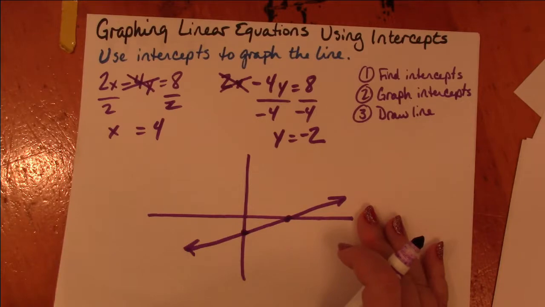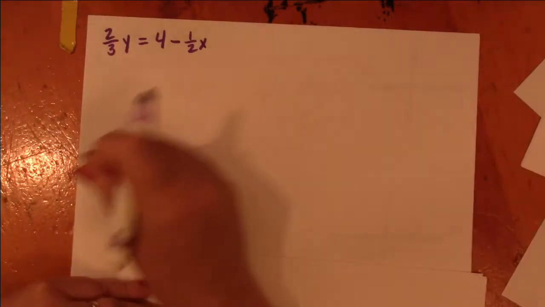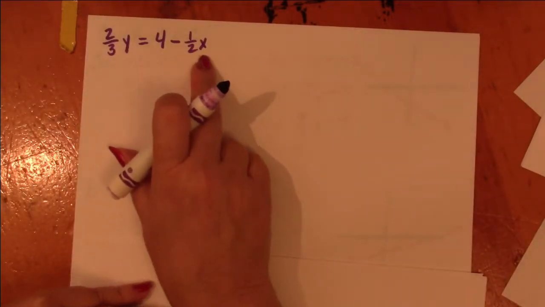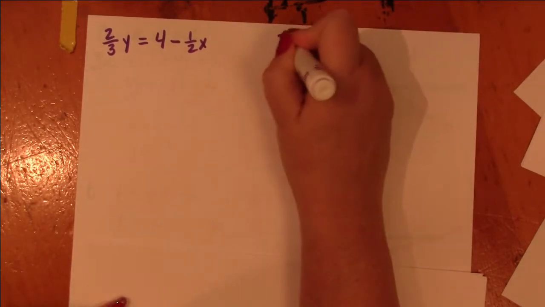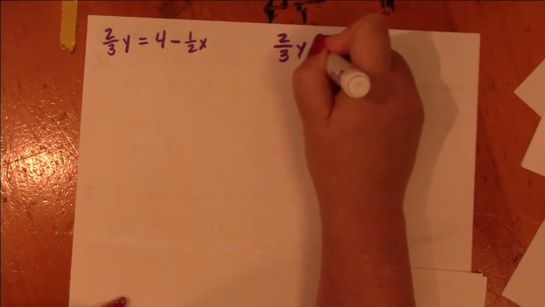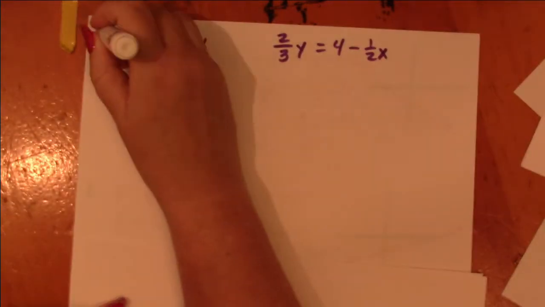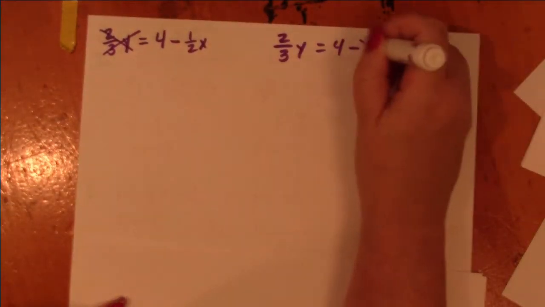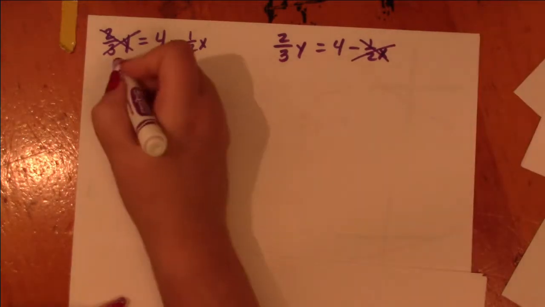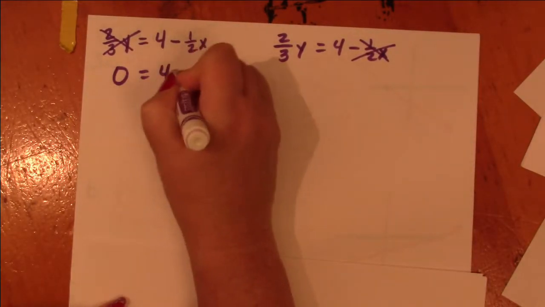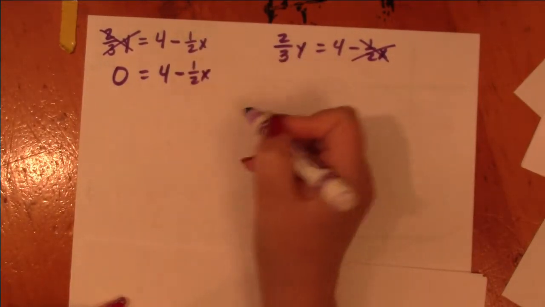Let's try that with something that's not in standard form: 2/3 y equals 4 minus 1/2 x. I'm going to do 2 of them. In one of them we decide y is 0, and in the other we decide x is 0. Here we have 0 equals 4 minus 1/2 x.